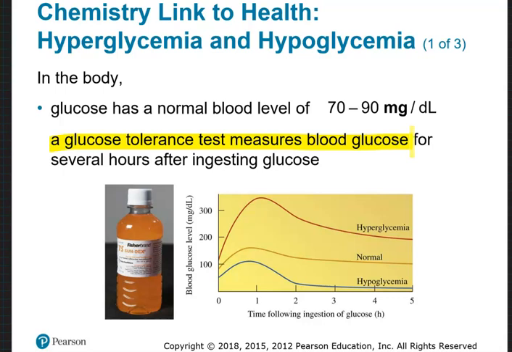You are given a glucose solution, a certain amount per kilogram. I don't remember what are the numbers. And then your blood glucose levels are tested usually 15, 30, 45, 60 minutes, 90 minutes, and then 2 hours after the ingestion. You have normal glucose tolerance if after 2 hours your glucose levels go back to normal.